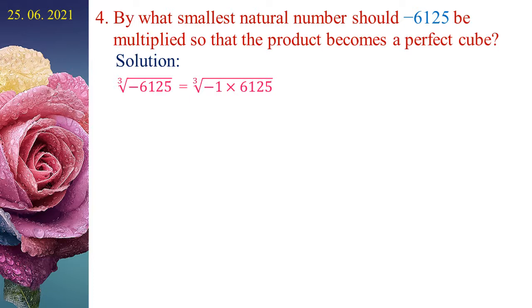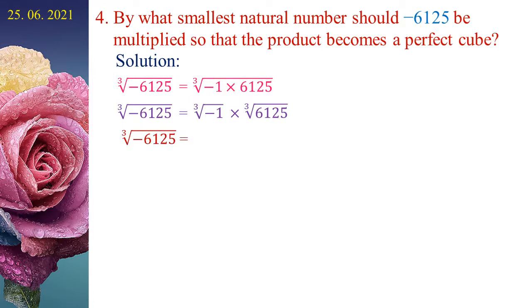Then we should find the cube root of the negative integer minus 1 and we should find the cube root of the positive integer 6125. So, cube root of minus 6125 equal cube root of minus 1 into cube root of 6125.